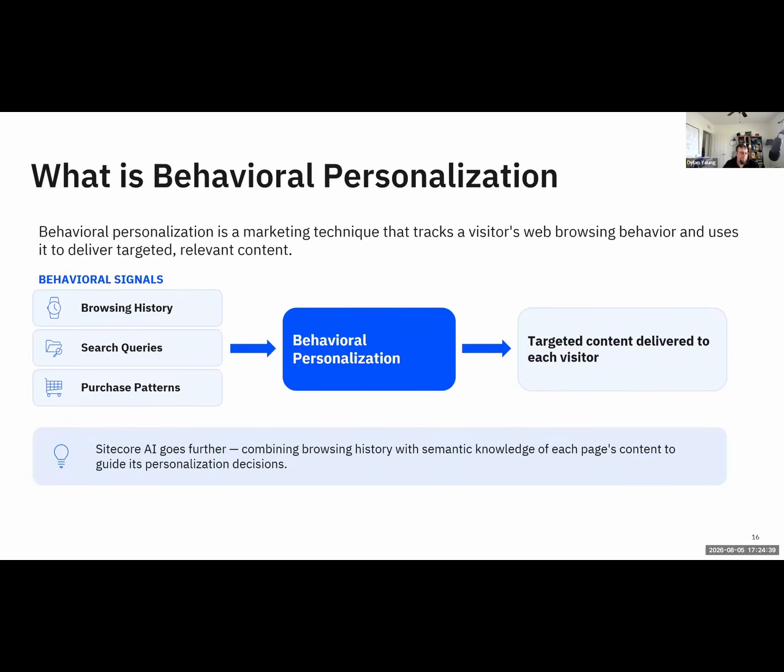You're basically using these different signals from pages that they're looking at, or maybe a query or things that they're looking for. It helps you detect trends that they might be interested in, or intentions that they might have, or where in the buying cycle they might be. You can kind of sense these things using that.